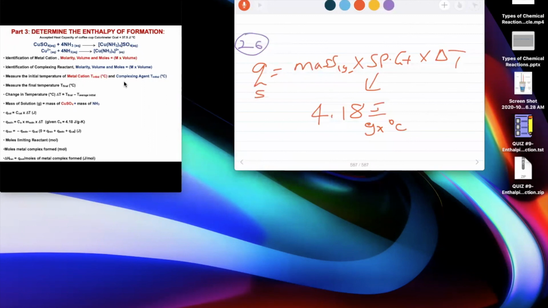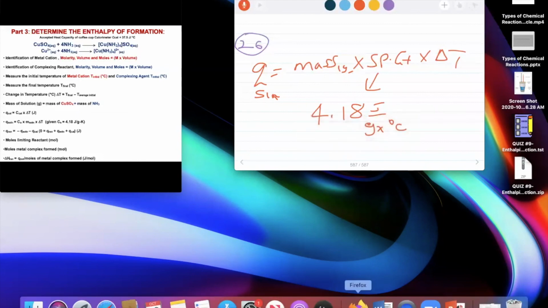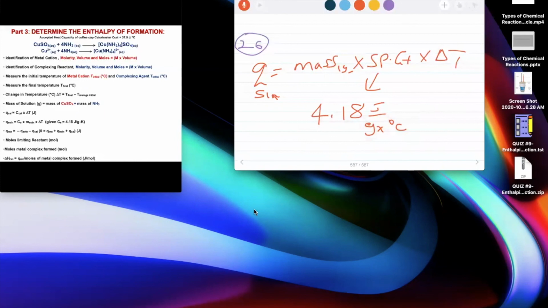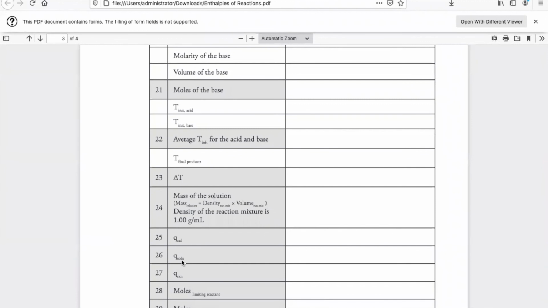It's the mass of the solution times the specific heat of solution, which we are told to assume is 4.18, times the change in temperature. You already know the change in temperature and the mass of the solution. And then from there, you just plug it in and get the answer for line 26, for the solution.